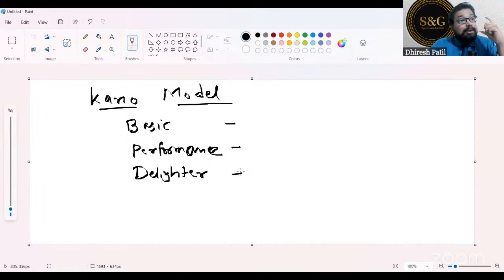Exactly. Now, which is not expected by the customer, if you are providing that without adding much to the cost. Without much impact on cost, if you are providing that, then the customer will be delighted, and that is called delighter criteria. Clear?